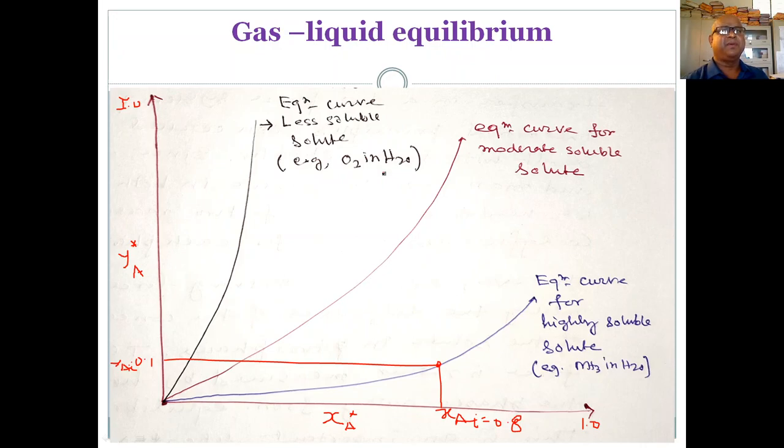It is around 8 ppm, which means 8 times 10 to the power minus 6 mole fraction, against 0.21 in the gas. So for a less soluble solute, the gas phase concentration will be high and the liquid phase concentration low. Take a point here, where the liquid phase is low and the gas phase is around 0.1.